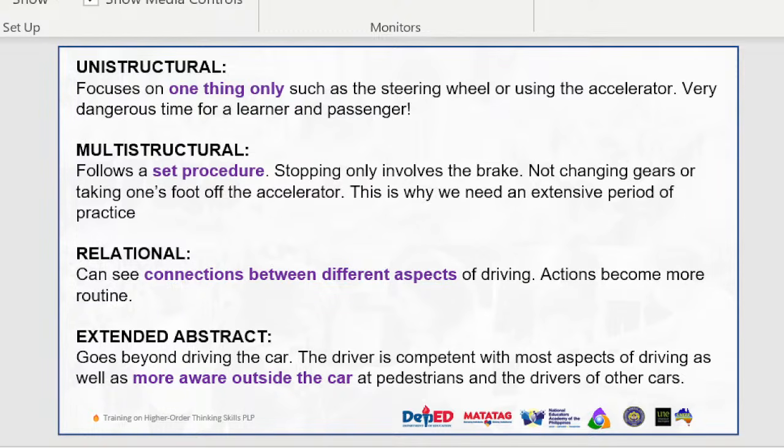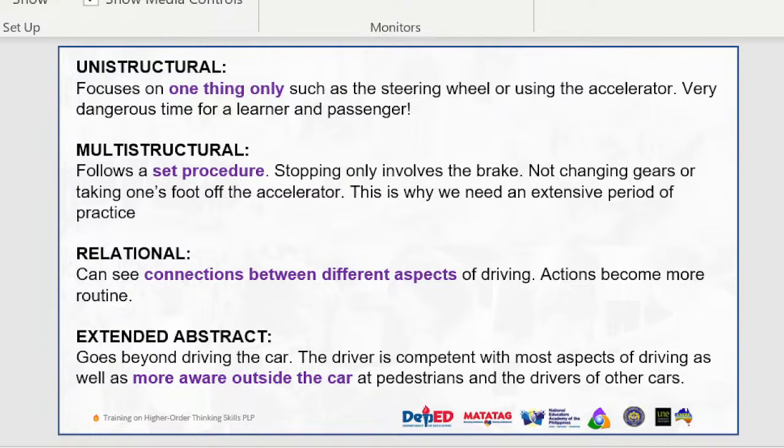For multistructural, the driver follows a set of procedures. Stopping only involves the brake. Not changing gears or taking one's foot off the accelerator. This is why we need an extensive period of practice.